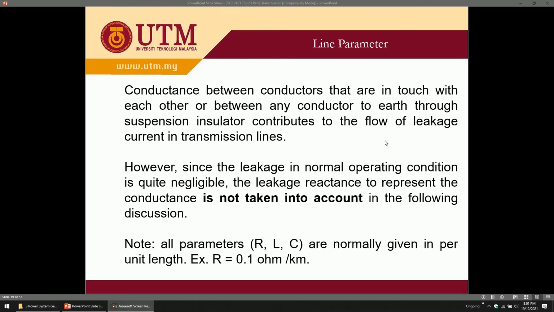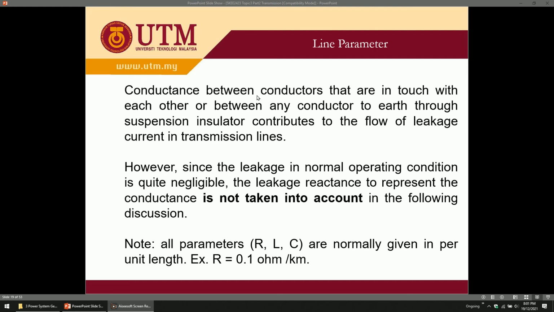Okay, let us start with the leakage current. The conductance between conductors that are in touch with each other, or between any conductor and earth through the suspension insulator, contributes to the flow of leakage current in the transmission line.